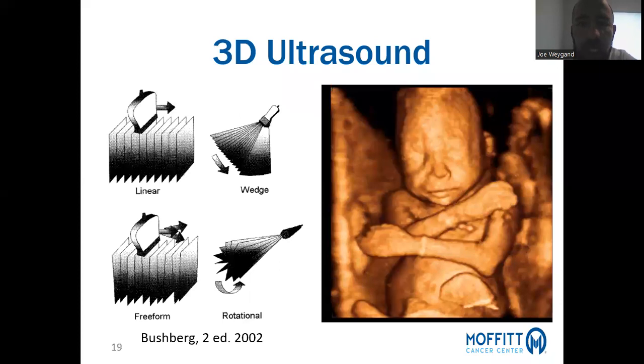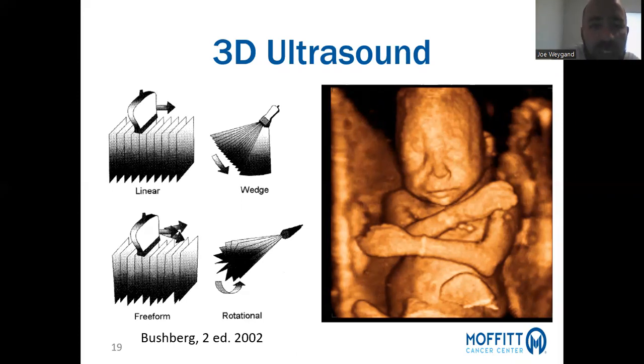Another cool application of ultrasound is three-dimensional ultrasound, shown here in this fetus image, where you have basically a volume rendering of this baby. Basically, what you do is you acquire a set of B mode images, but then you sweep through the third dimension so that you produce a volumetric image.